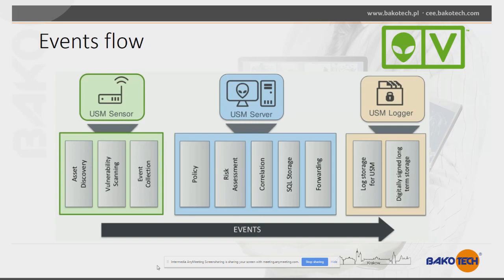Logical correlations allow multi-level event analysis, so you can detect some sophisticated types of breaches. AlienVault, and this is a very important thing, provides more than 4,000 ready-to-use correlation directives just out of the box.